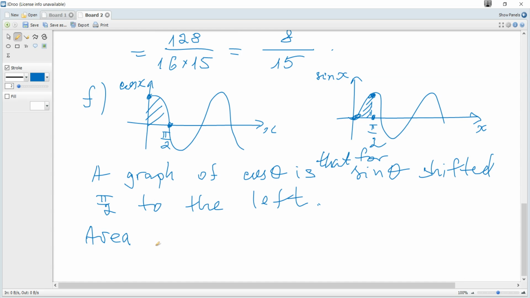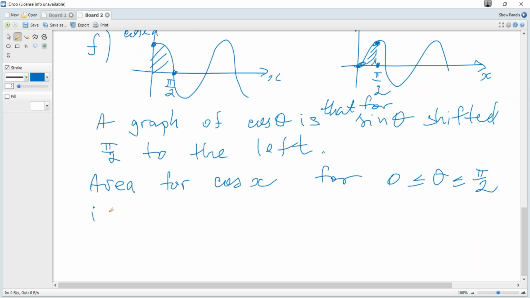And the area for cosine, for theta from 0 to pi over 2, is the area for sine for theta from pi over 2 to pi.